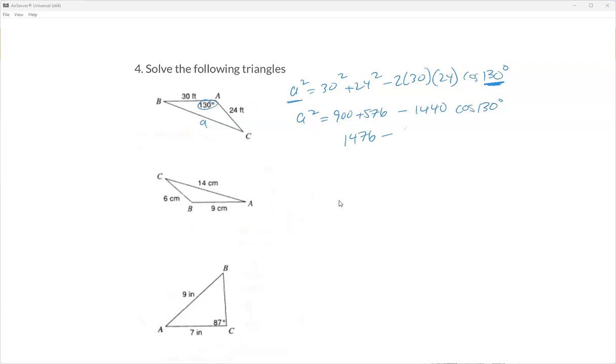It is negative 925.6. So negative and negative make a positive. So you add 1476. It is 2401.6. That's what a squared is equal to. a is equal to the square root of this. It's about 49. a is equal to 49.